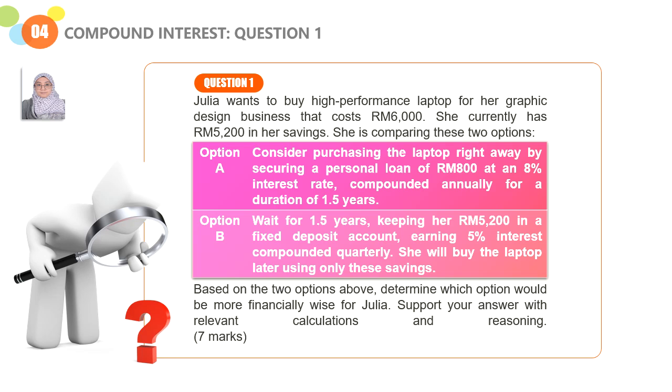Option B: wait for 1.5 years, keeping her 5,200 in a fixed deposit account, earning 5% interest compounded quarterly. She will buy the laptop later using only these savings. Based on the two options above, determine which option will be more financially wise for Julia.